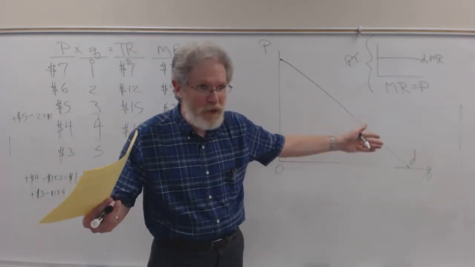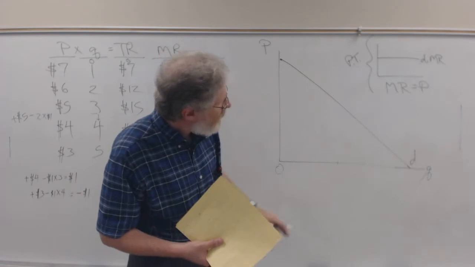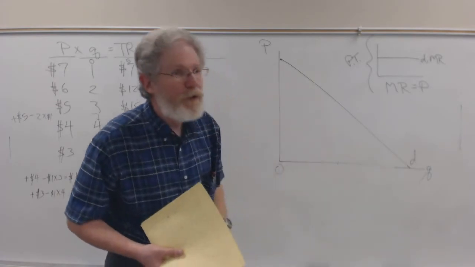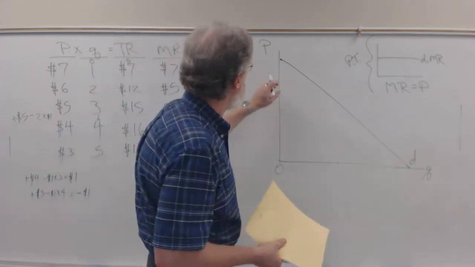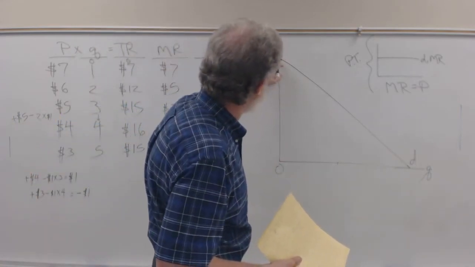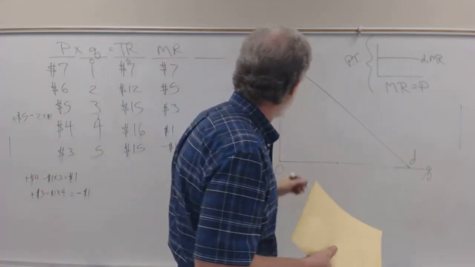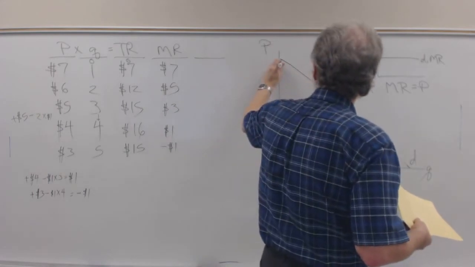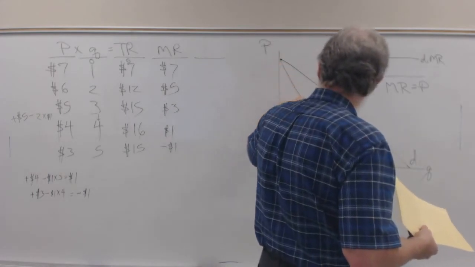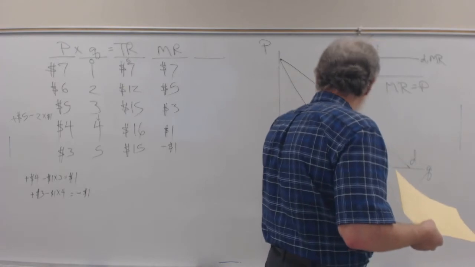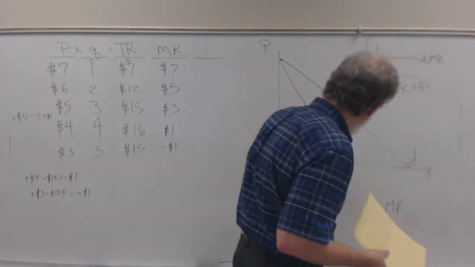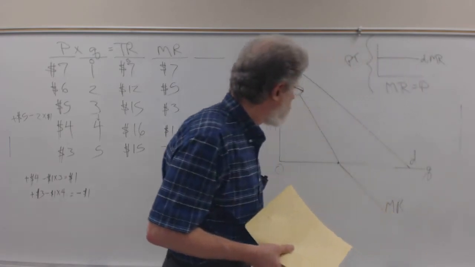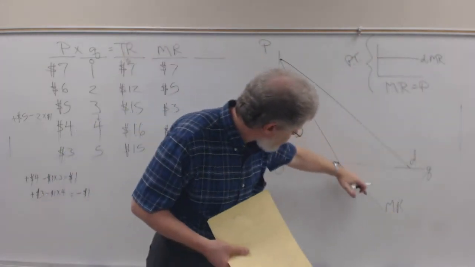We won't go into why that's true, but if you run it through that point, then you will be drawing the curve correctly, which means the marginal revenue curve starts here. It's going to go through there. So it's going to look something like that. It should be a straight line there.